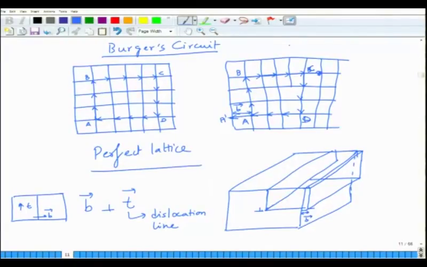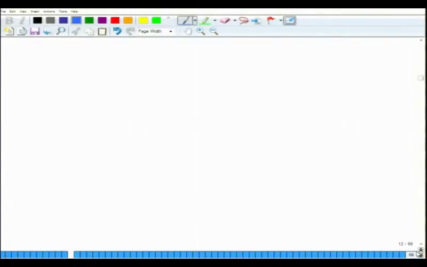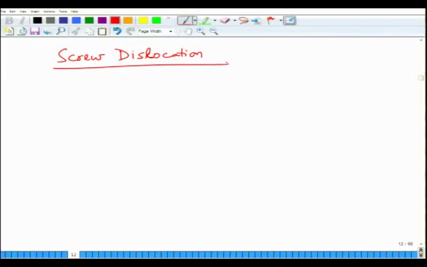The second dislocation present in materials is called the screw dislocation. This is formed by shearing, as if you have a shear action in the material.